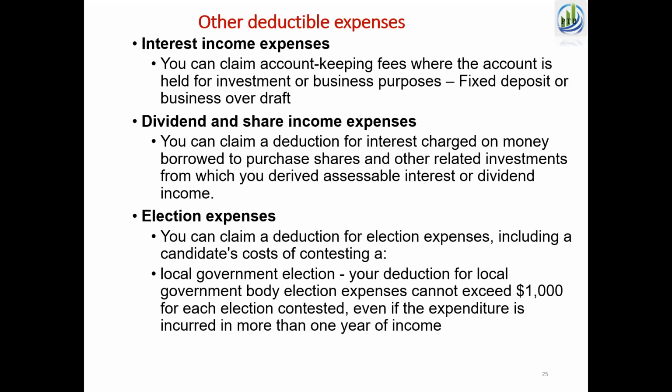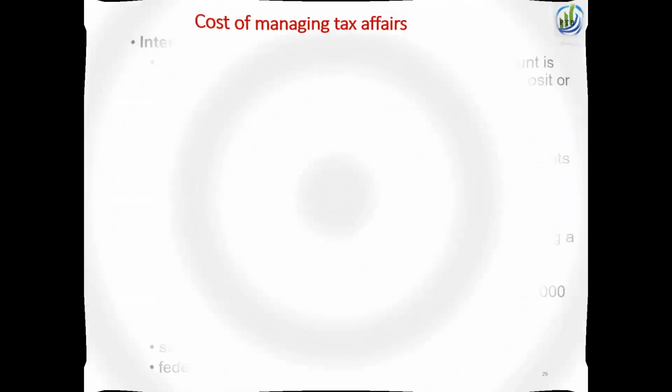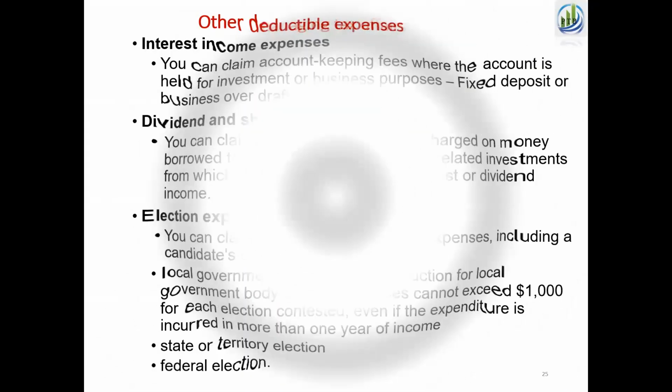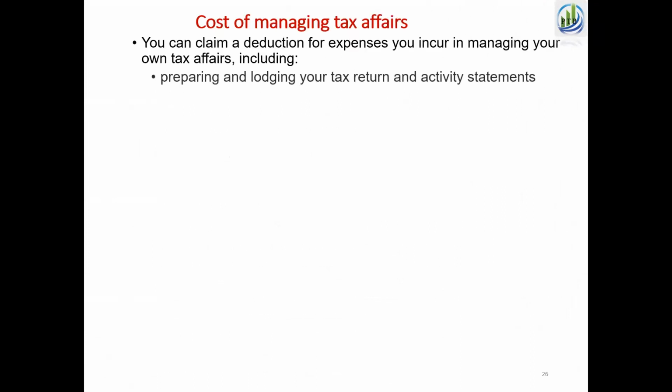But there are restrictions for the council election, $1,000, while state and federal elections are not restricted. Sometimes people doing elections in community-based organizations, that is not considered as election expenses.